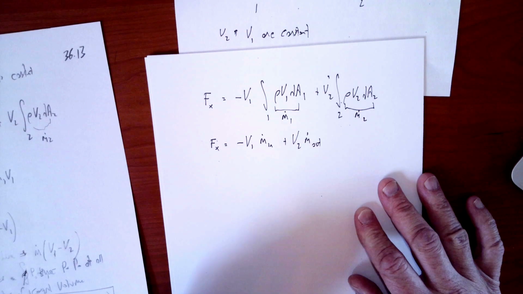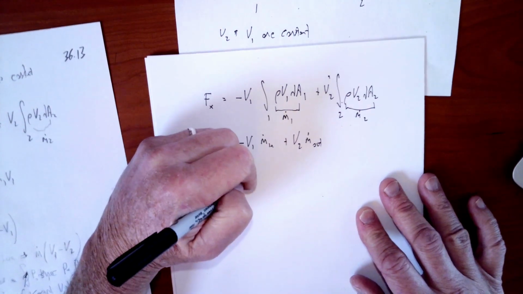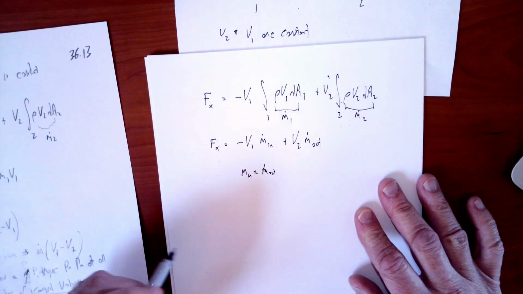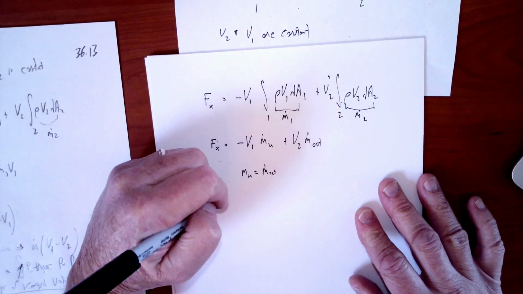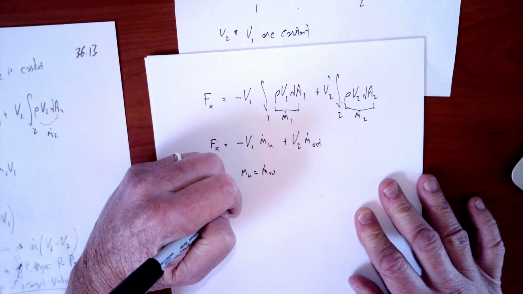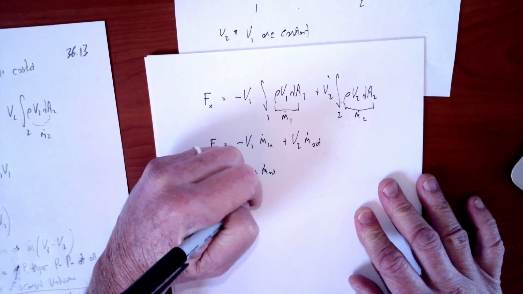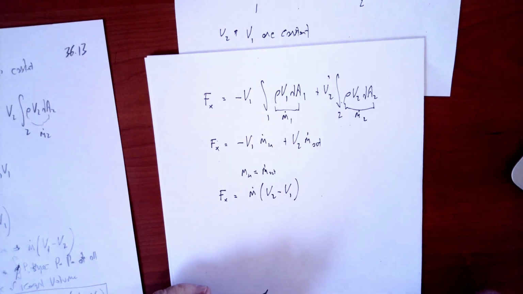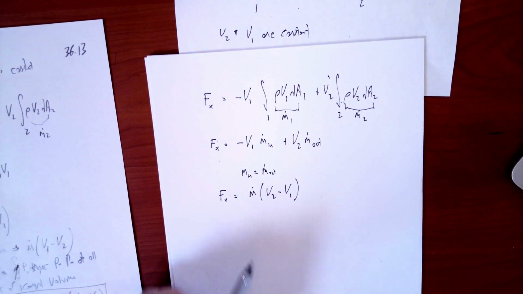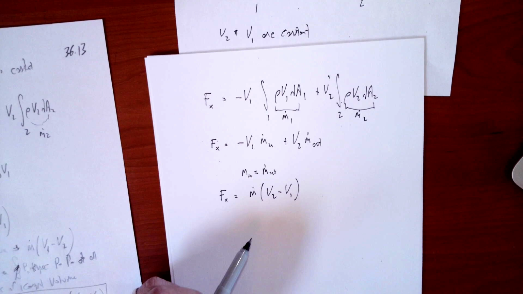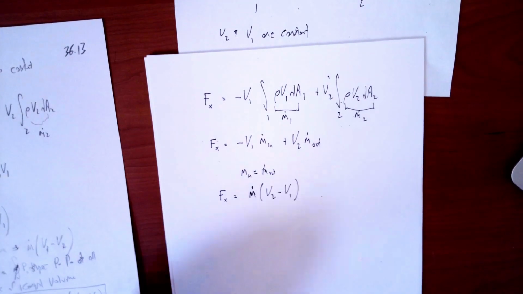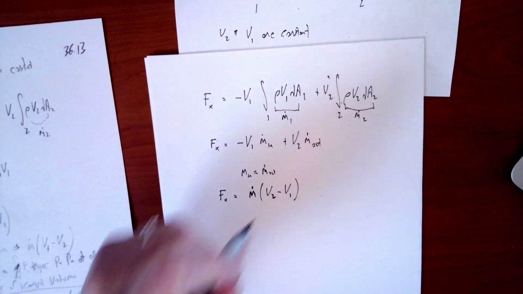Of course, m dot in equals m dot out, because mass in has to equal mass out from our control volume at steady state. So we have an expression for the force, which is just the mass flow rate, whatever that flow rate is, times v2 minus v1. That's the force that must be exerted in order to keep that control volume somehow immobile.